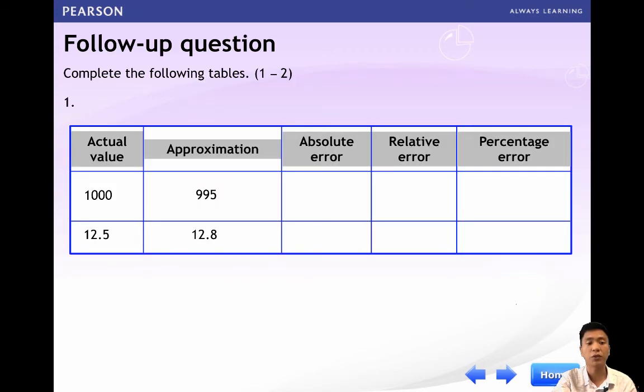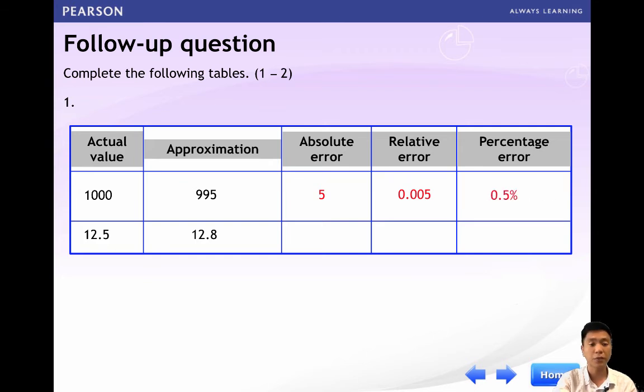Look at these follow-up questions. For these values, they are not measurements, so we can get the absolute error and also the relative error. The absolute error is the difference between the approximation and the actual value. That means this is 5. The relative error is the absolute error over the actual value, so we get 0.005. The percentage error is the relative error times 100%, so we get 0.5%.